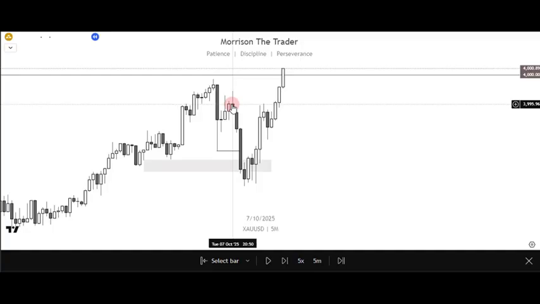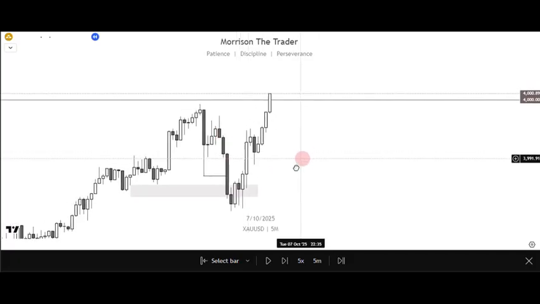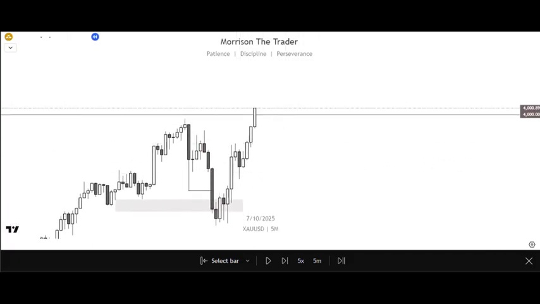When price came into that fair value gap, we realized that there were a series of bearish candles that went into that fair value gap right there. So 1, 2, 3, 4 bearish candles straight into the 1 hour fair value gap, and then price did what? Closed over them here.